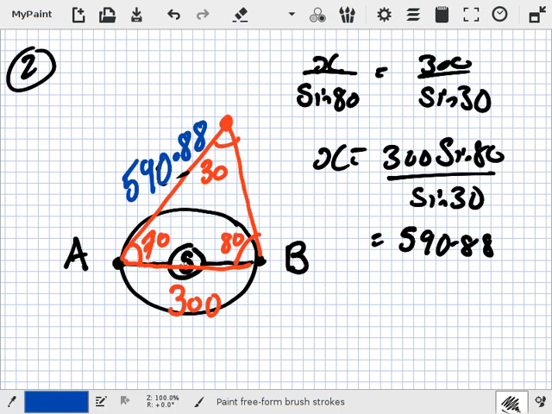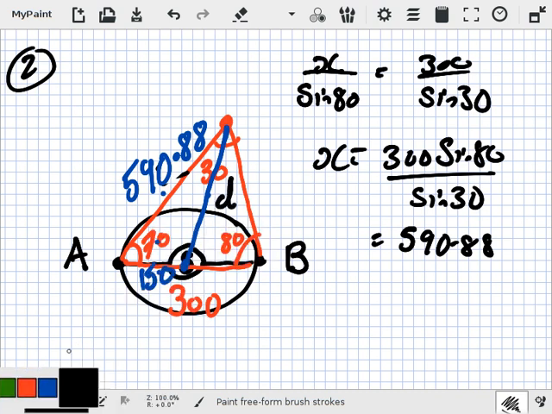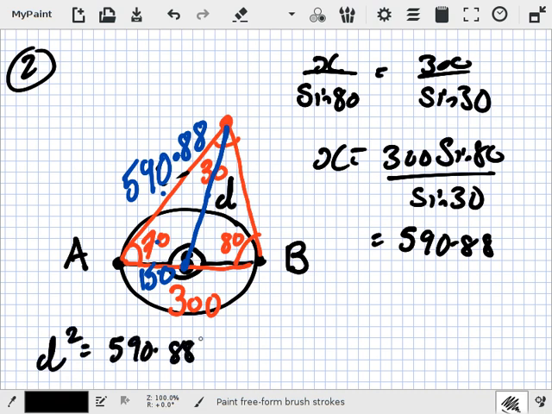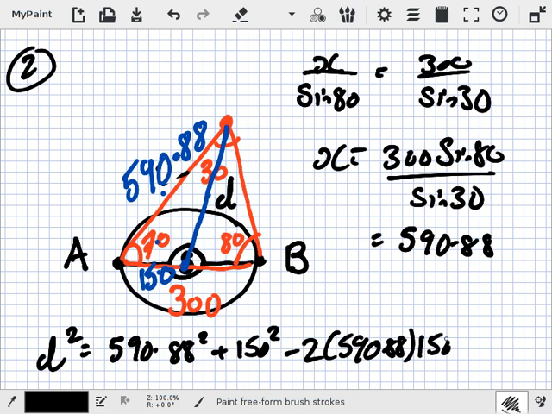I think that's enough, I think. Is it? If I draw a line here now, do I have enough information to get this side? I have a side, I have a side, I have an angle. Yeah, so I can use the cosine rule. This is 150 here. So if I call this d, I can say d squared equals 590.88 squared plus 150 squared minus twice 590.88 times 150 times cos 70, using the cosine rule.